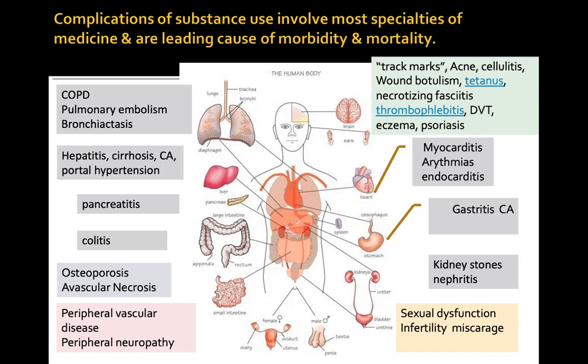They may produce COPD, pulmonary embolism in the lungs, bronchitis, hepatitis, cirrhosis, carcinoma, portal hypertension, pancreatitis, colitis, osteoporosis, avascular necrosis, peripheral vascular disease.